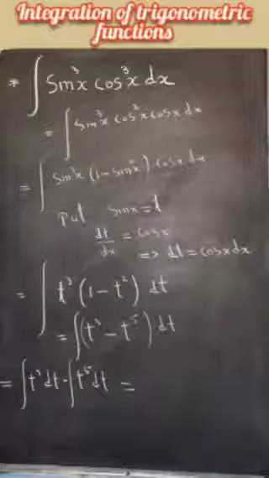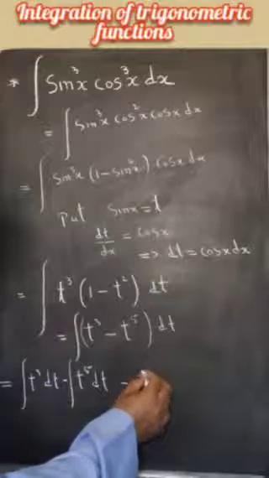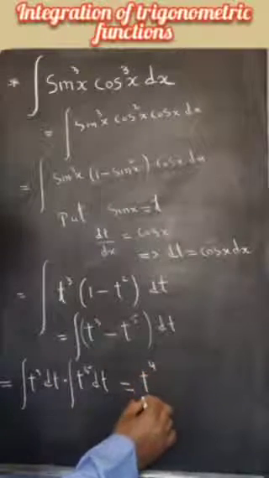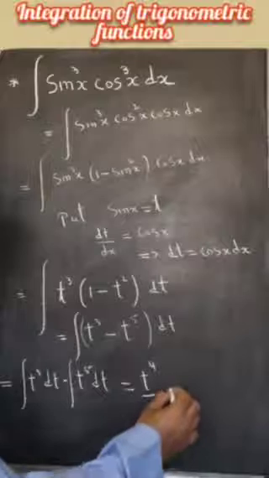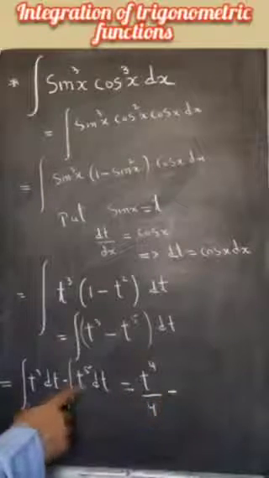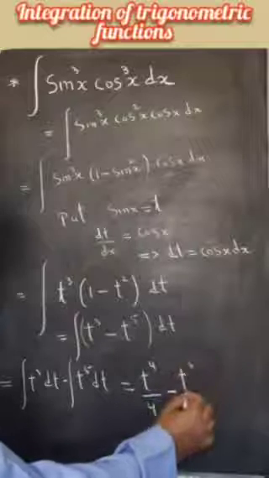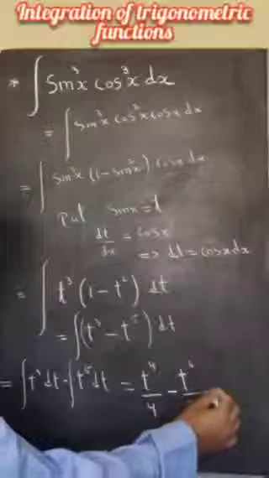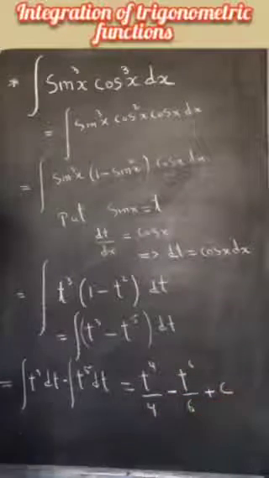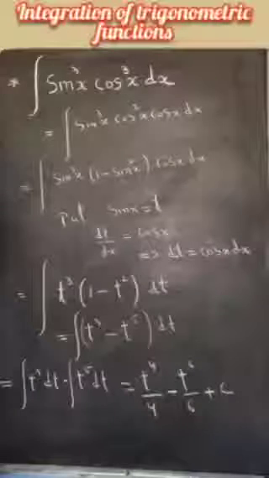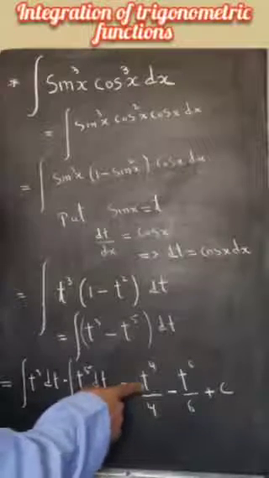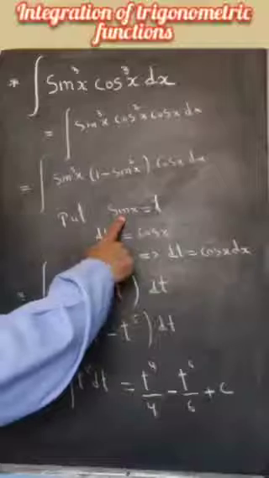Now we know that integration of t cube is t raised to power 4 divided by 4, minus integration of t raised to power 5 is t raised to power 6 divided by 6, plus constant of integration c. Now replace t with sine x.